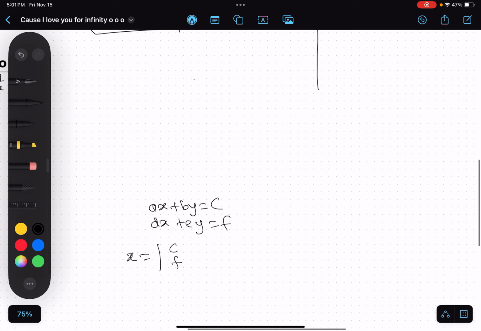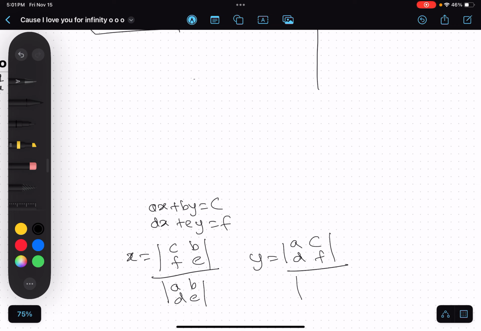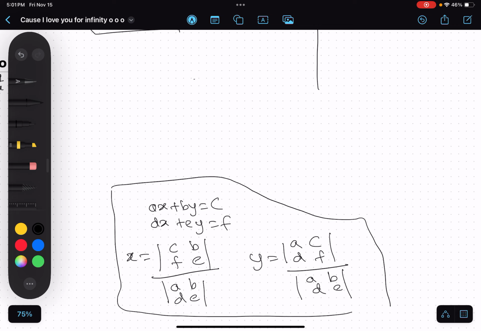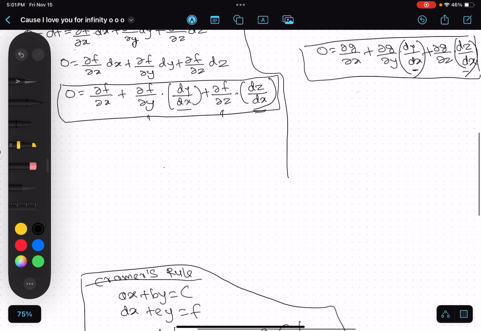So the numerator is the determinant with c, b, f, e, and the denominator will always be the same, that is a, b, d, e, the main four coefficients. And to find y, you substitute the coefficients of y. The numerator will be a, c, d, f, and the denominator will always be the same, a, b, d, e. So this is how Cramer's rule works, right? It's really simple, and it simplifies the solution a lot. So that's what we are going to do today over here.